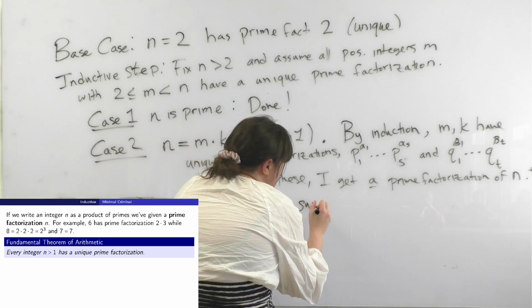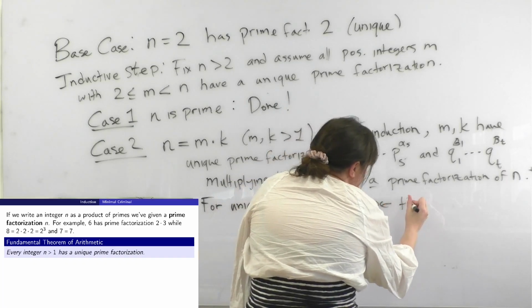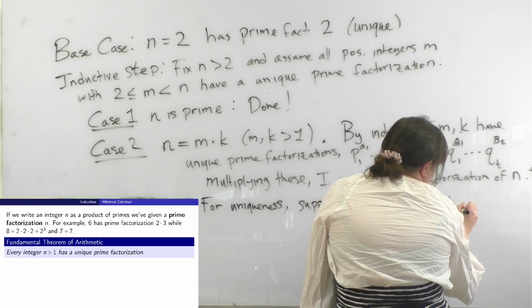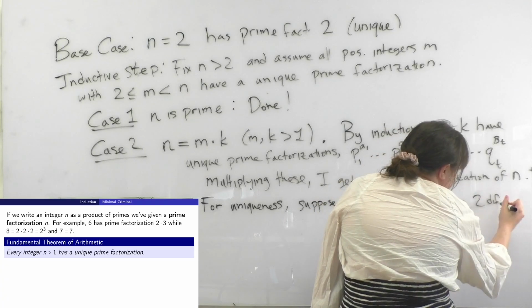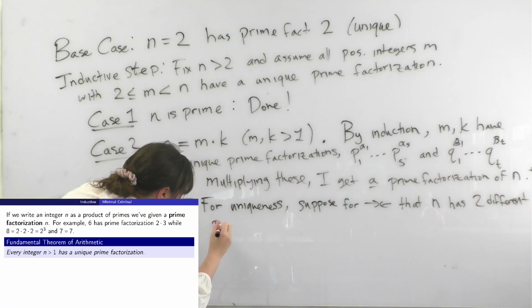Let's suppose for a contradiction that n has two different prime factorizations.